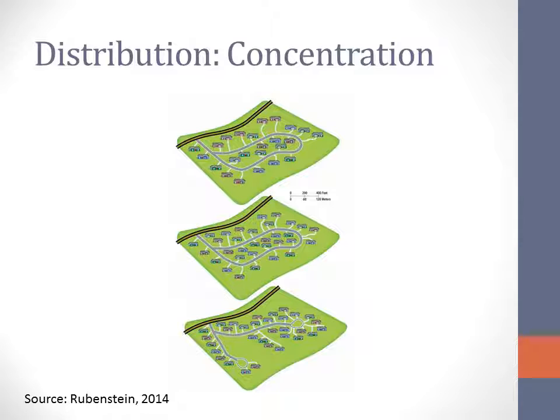But both have dispersed concentrations. The middle plan and lower plans have the same density. They both have 32 houses for 82 acres.